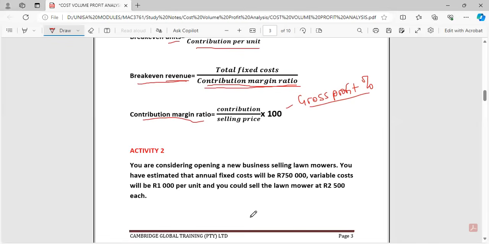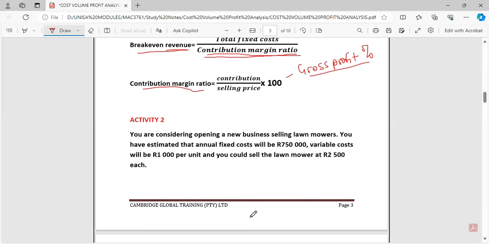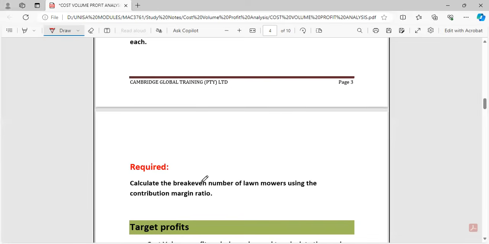Right, let's do this activity. They say you are considering opening a new business, selling lawnmowers. It's still the same question. We have estimated that the annual fixed cost will be 750,000. Variable cost will be 1,000 per unit, and you could sell the lawnmower at 2,500 each.